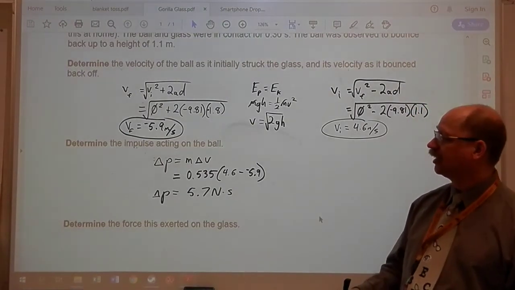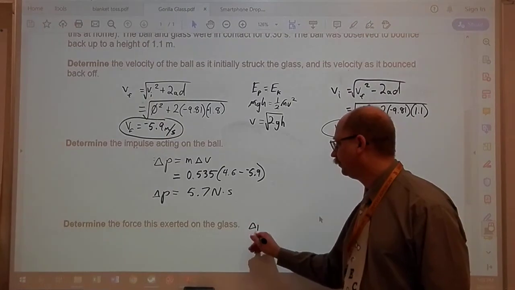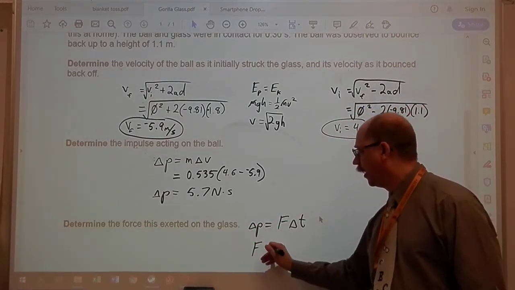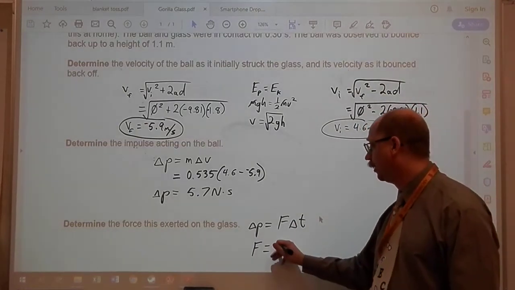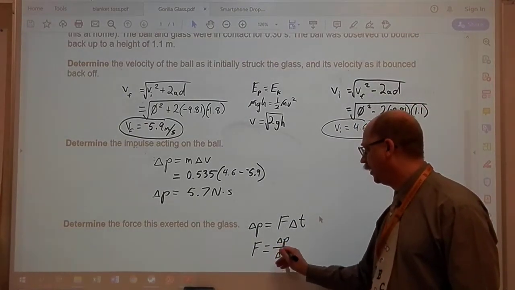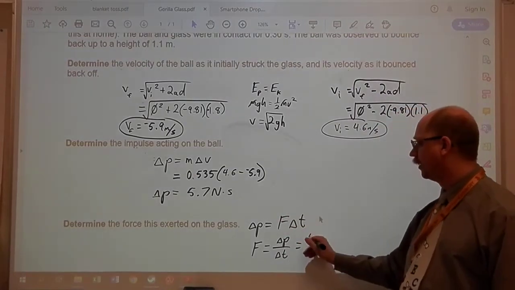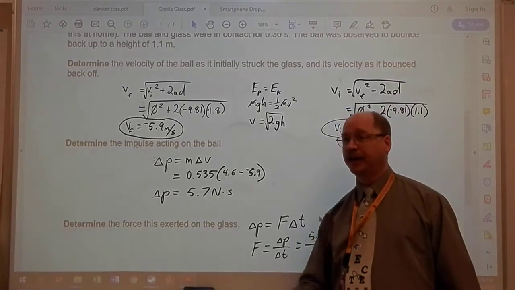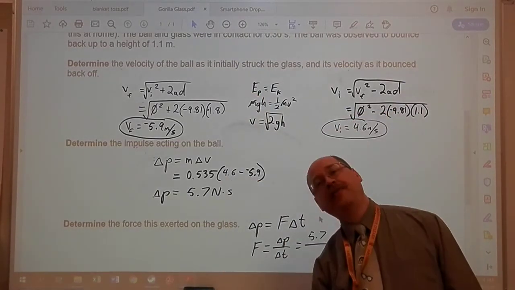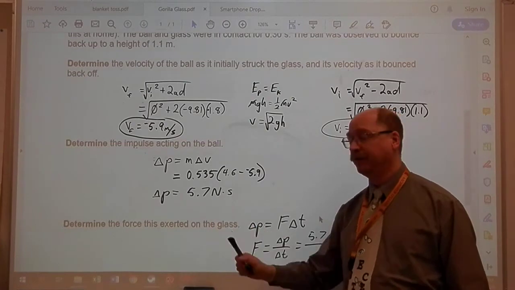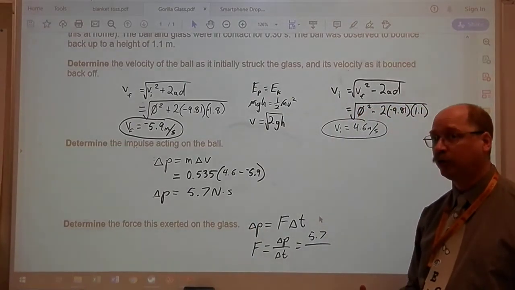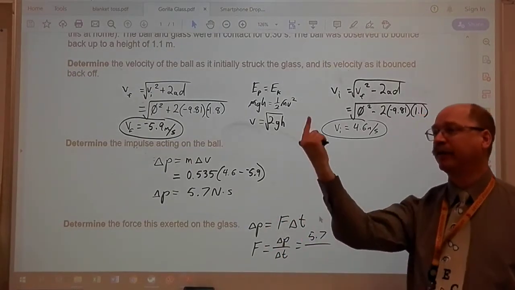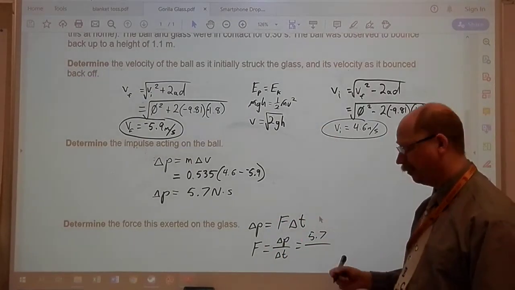Determine the force that this exerted on the glass. I have my impulse. I can solve the other half of the formula. I should mention the impulse is acting upwards, because if something comes down and then is going to get pushed back up, the impulse has to be positive that whole time to get rid of its negative momentum and end up giving it some positive momentum on the way back up.